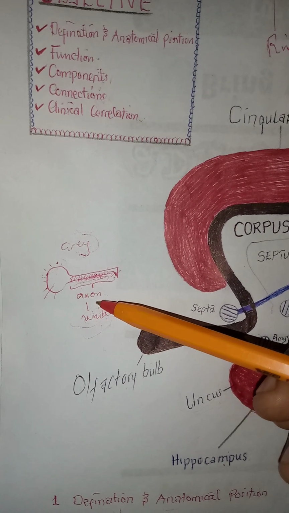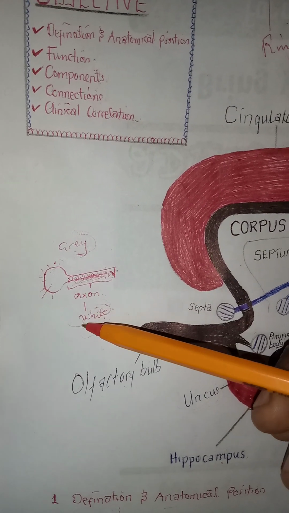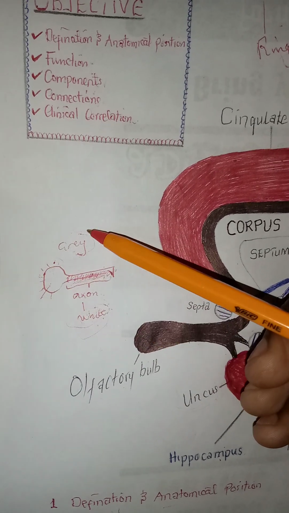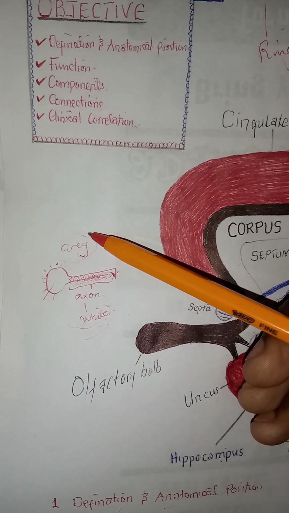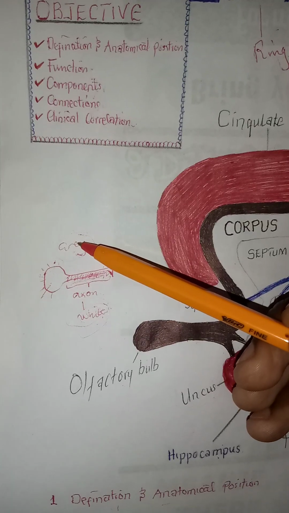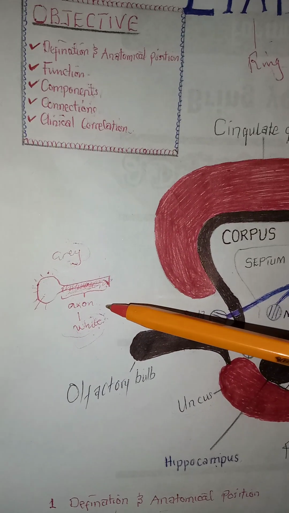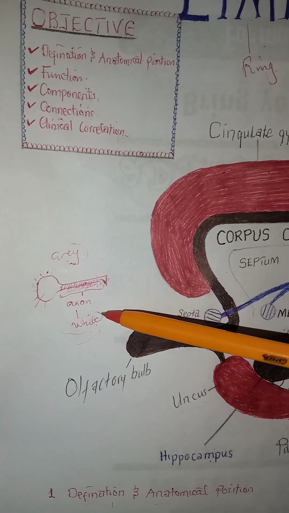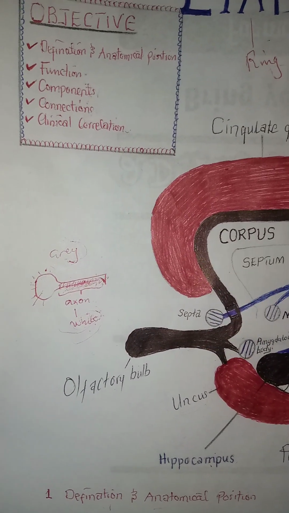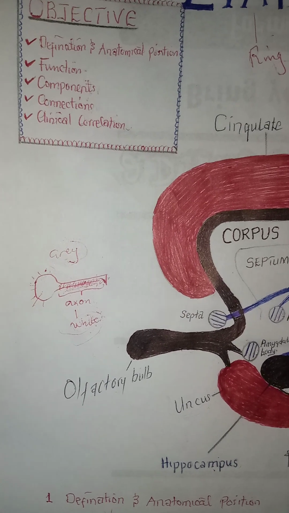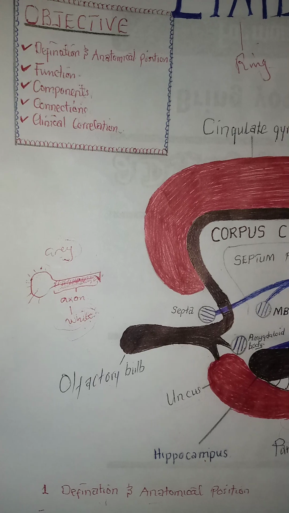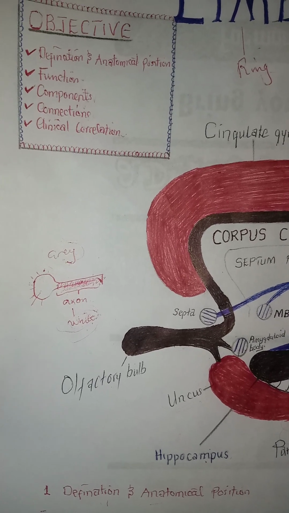Once we myelinate the axon, what we form is the white matter, and the part which is not myelinated is the gray matter. So the gray matter is the neurons and the nuclei, and the white matter is the connections. The limbic system is a system of gray matter and white matter because it consists of nuclei which are connected by fibers, which are white matter.